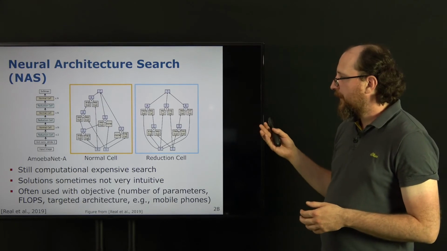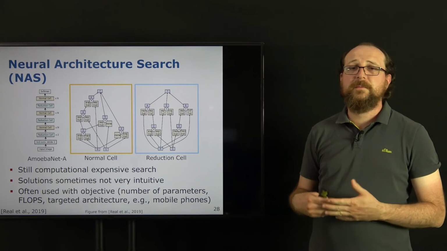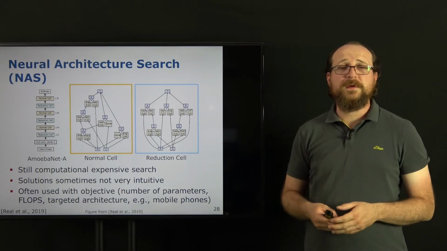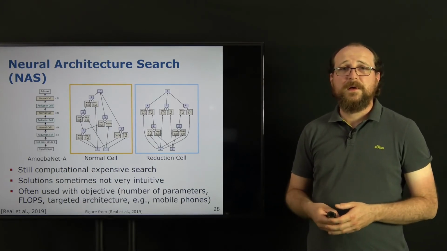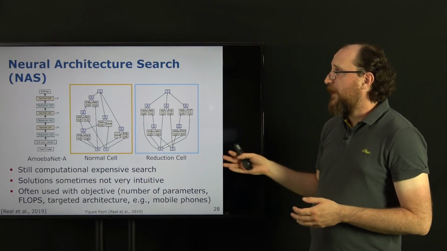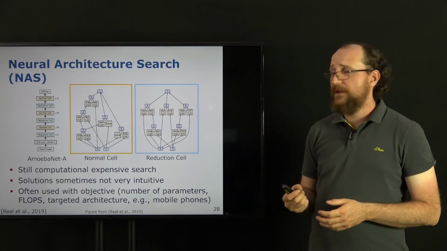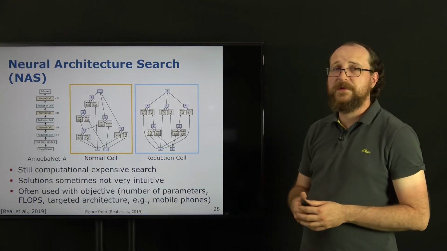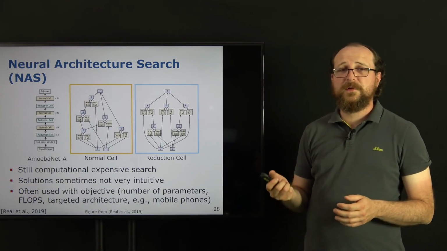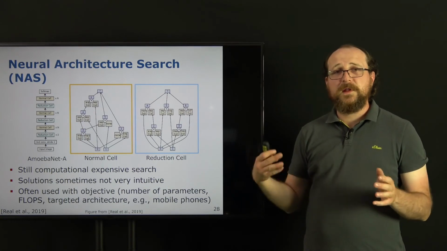But it leads to solutions that perform better in the end on the ImageNet data set. The neural architecture search can also be used with specific targets. Here, maybe the target is accuracy, but we could also use it with the right search space to reduce the number of parameters.